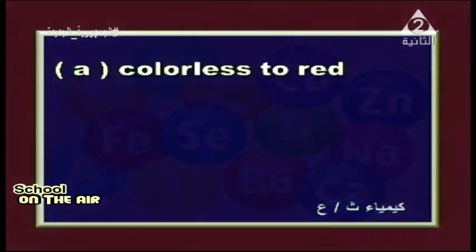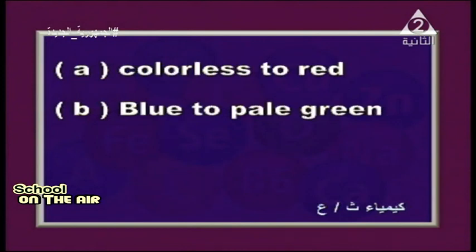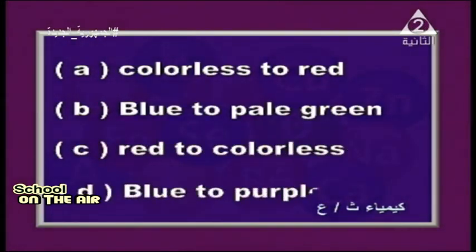Colorless to red, blue to pale green, red to colorless, or blue to purple? If you think about it, here the phenolphthalein is first in basic medium, which has red color, and so changes to neutral medium, so it will be colorless. So the right answer here is number C, red to colorless.